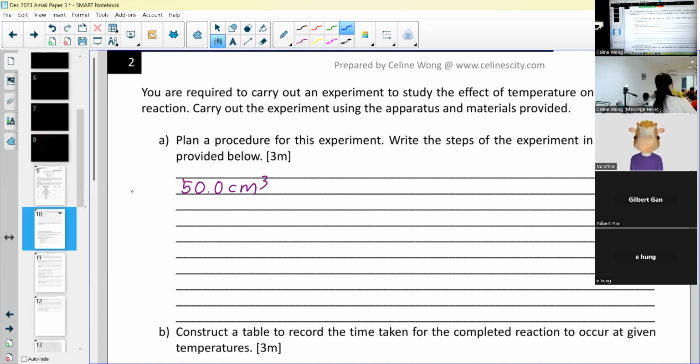Observe and record the time taken for magnesium ribbon to dissolve completely in hydrochloric acid.